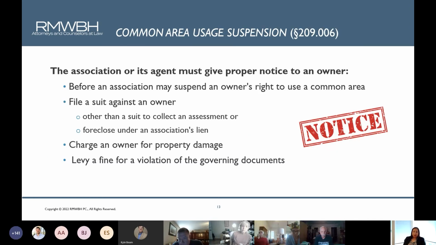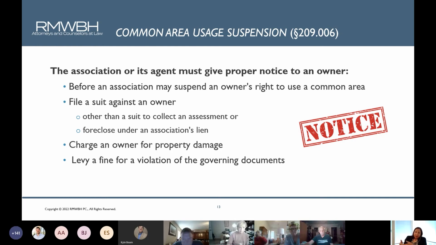So where does this language come from? It comes from 209.006. Everyone's used to seeing this in connection with compliance issues. So if a homeowner doesn't seek approval for architectural control, if there is some type of a maintenance issue on the property, if they're parking junked cars.